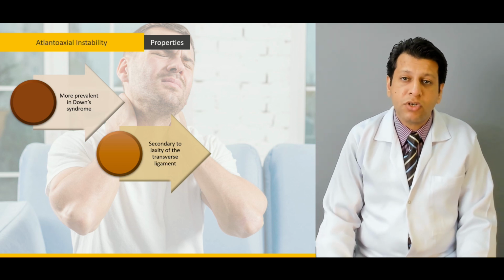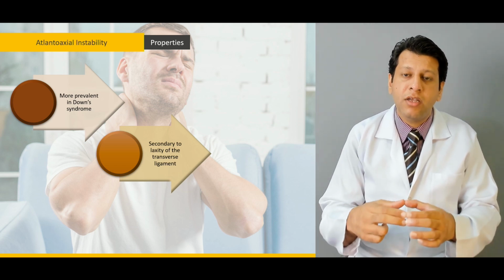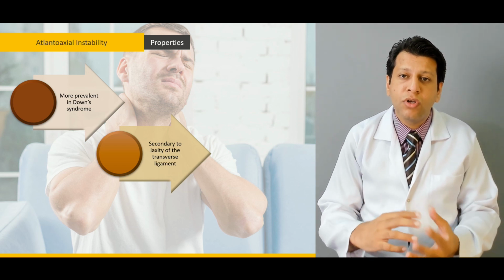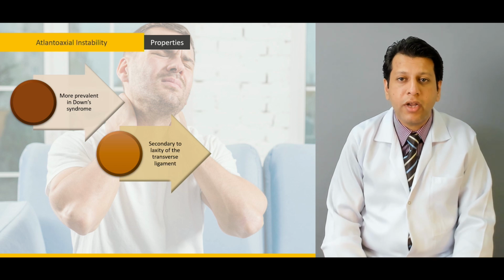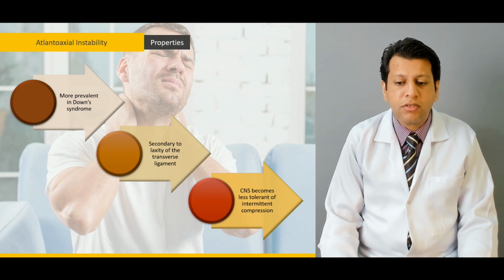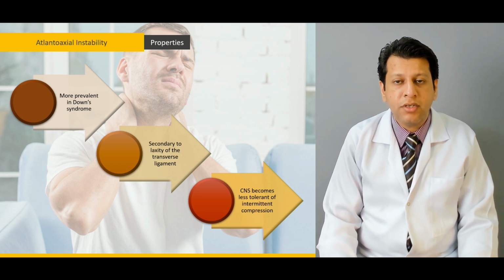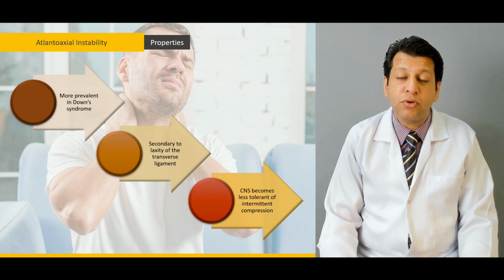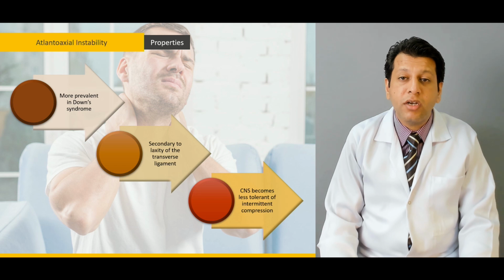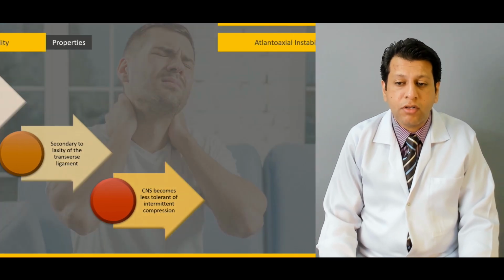The transverse ligament maintains that hinge. Once that transverse ligament becomes lax, this leads to subluxation and instability of the hinge articulating at the C1, C2 level. Usually the CNS becomes less tolerant of intermittent compression, which is more problematic because once it starts impinging on the spinal cord, this may eventually lead to traumatic injury of the spinal cord.